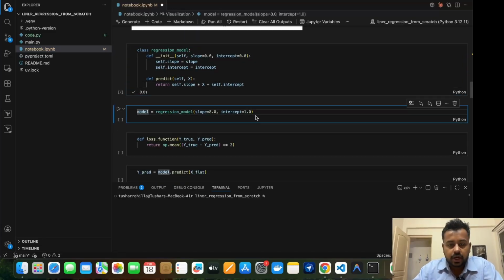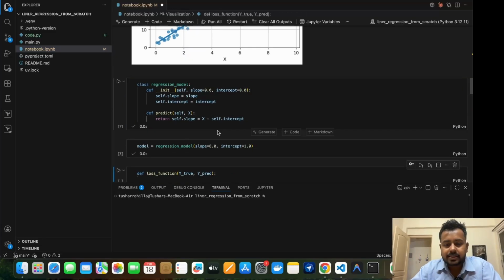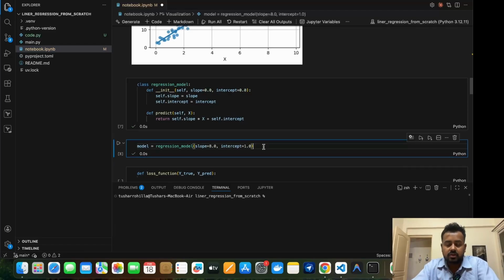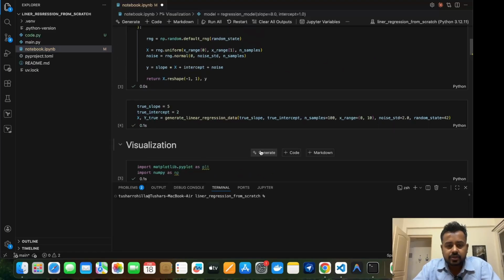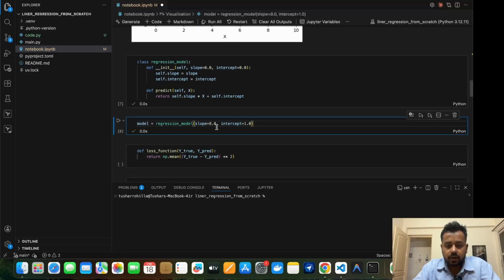So let's initialize our model. We are randomizing the slope and intercept with 8 and 1 right now. We can randomize it with any other value as well, but currently we are using 8 and 1, and it is expected to learn that the values are actually 5 and 2 and not 8 and 1. Let's randomize it.